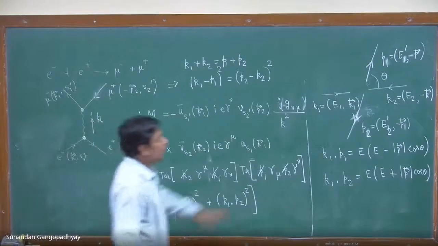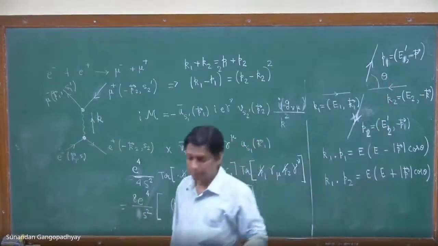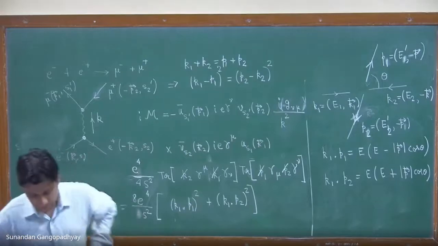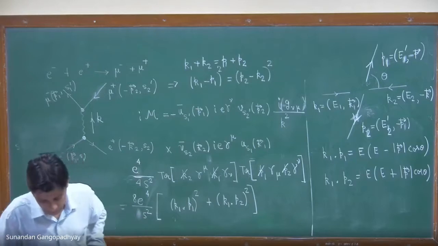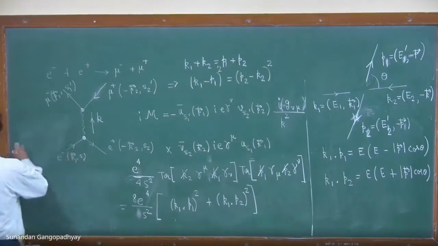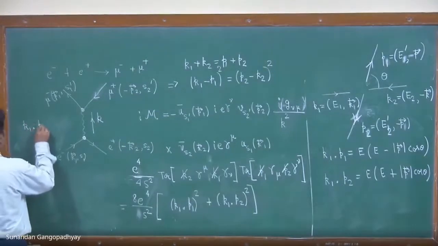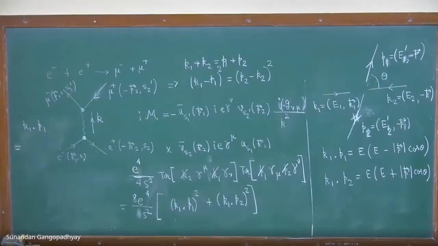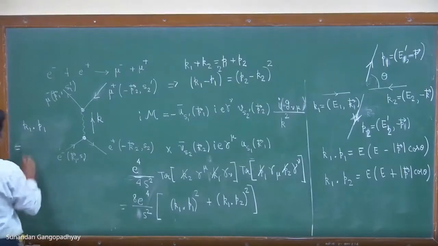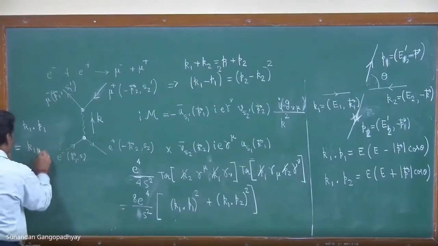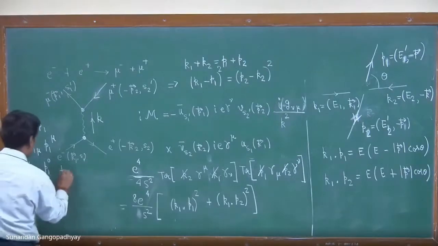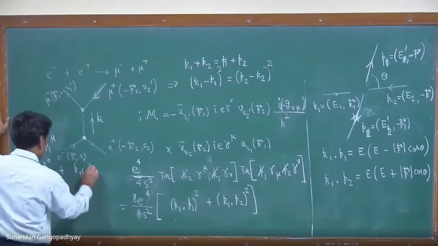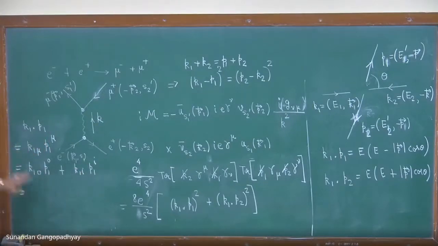You see that in the center of mass frame, the energy of all the particles is the same. Each particle has the same energy E in the center of mass frame. That you can argue. It is very simple to see that. And therefore, suppose you want to calculate K1 dot P1. So what is K1 dot P1? K1 dot P1 is K1 mu P1 mu. This is K1 zero P1 zero component plus K1 i P1 i component. What is K1 zero?